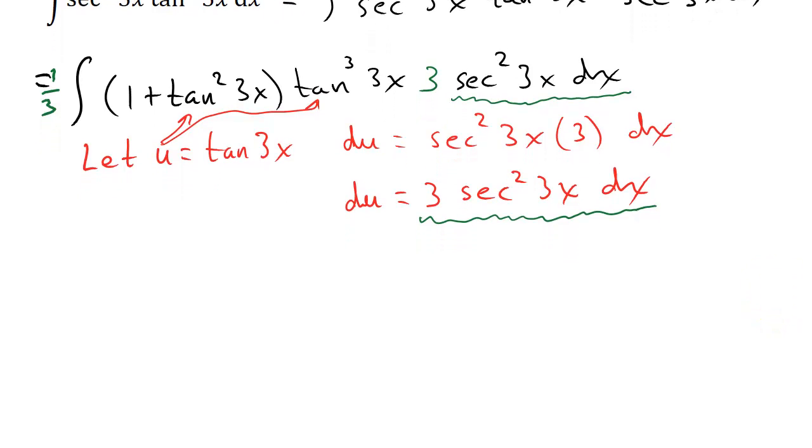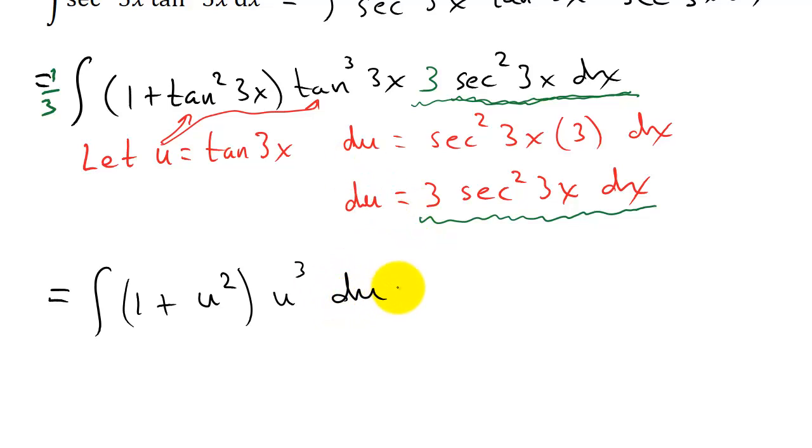So let's substitute everything in. That's going to give me 1 plus u squared, and then u cubed, and then the 3 secant squared 3x dx, I can put du in for that. And there's my 1/3.